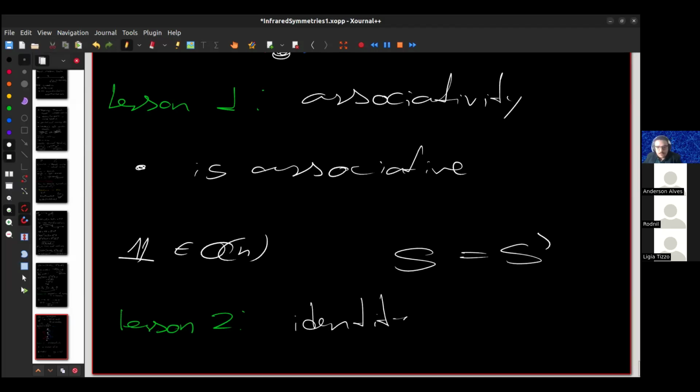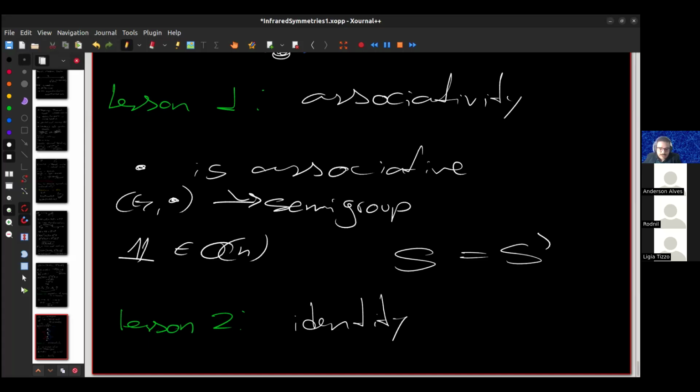Yes, to give the mathematical nomenclature, I said a magma, so I should also say the other names. If we have a pair (G, dot), so a magma, in which this holds, this is called a semigroup. And now we concluded that we need not only a semigroup, but a semigroup with an identity.